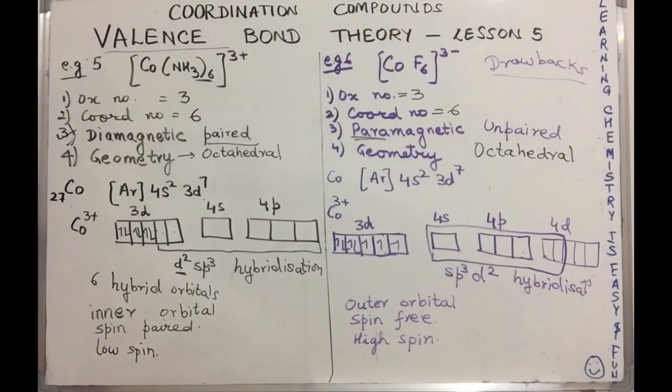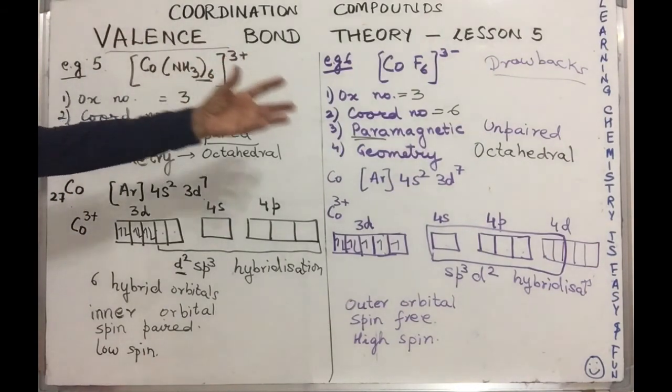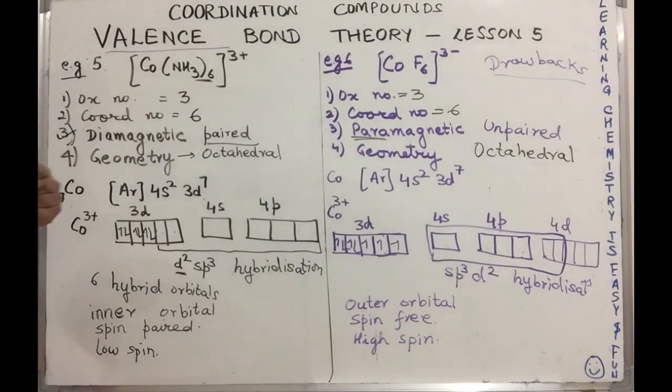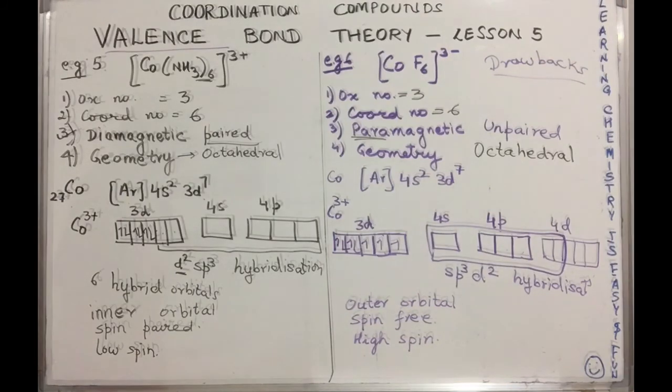Now, color is something which you are using in the laboratory as well, right? You are testing the ferrous ions, the ferric ions by the color they give with potassium ferrocyanide and potassium ferricyanide, correct? You talk about these colors. So we know that color is something which is associated with coordination compounds. There is no mention of that in the valence bond theory.